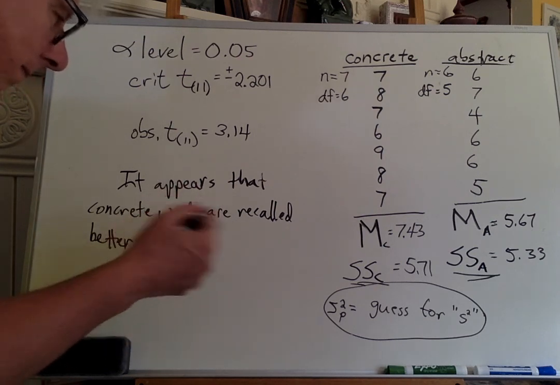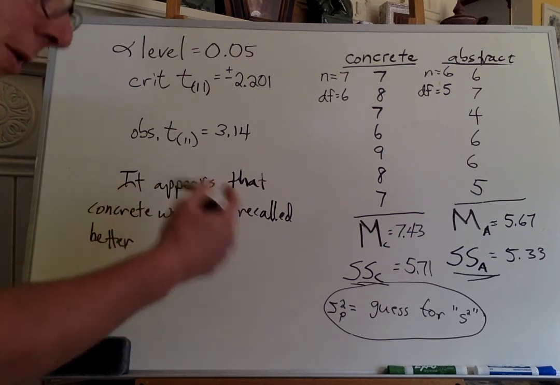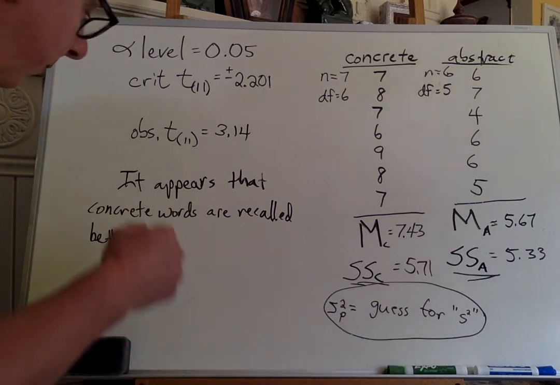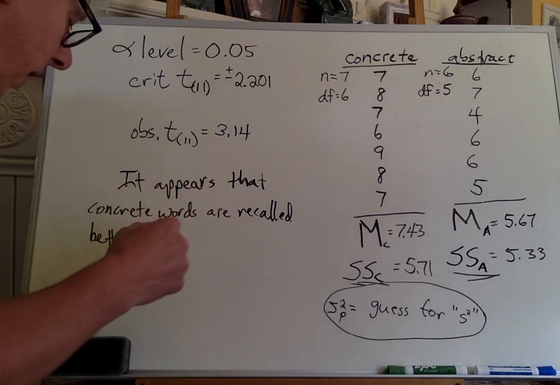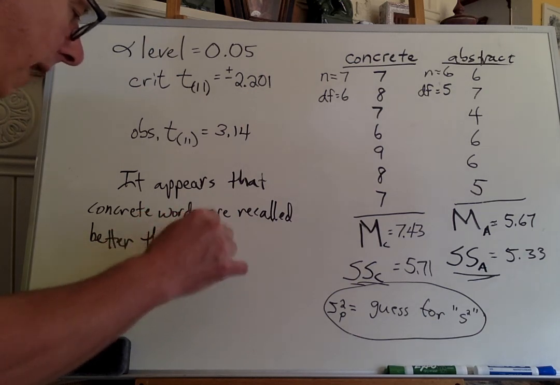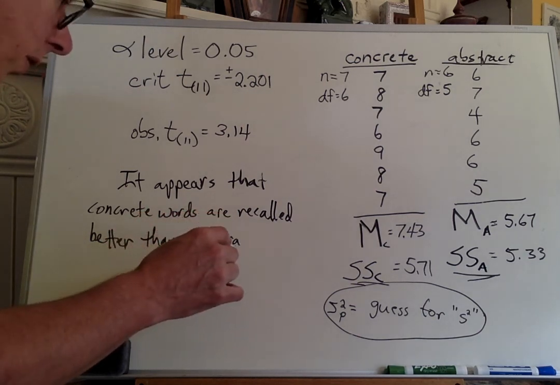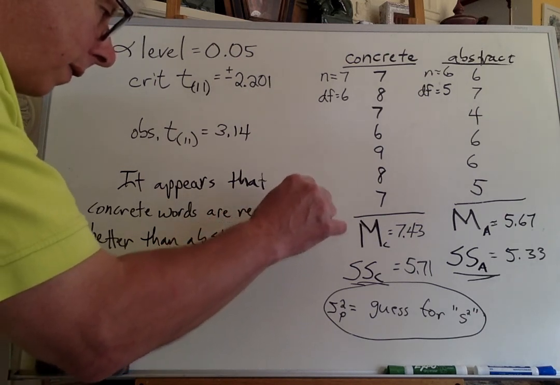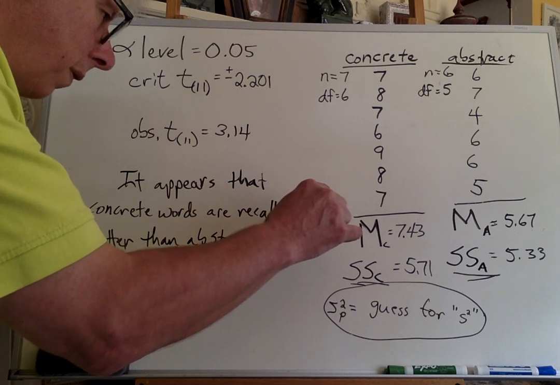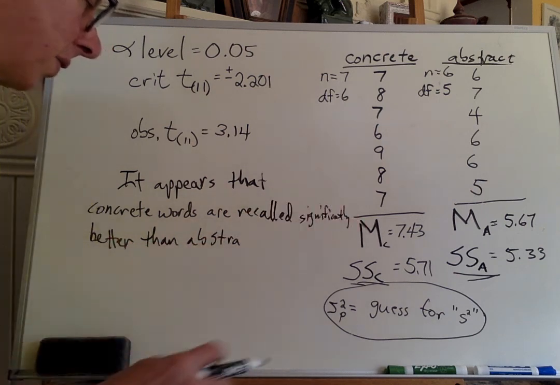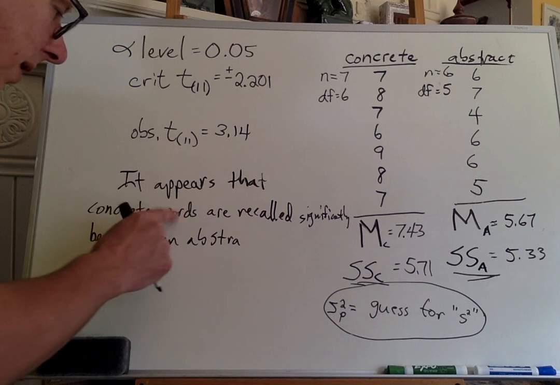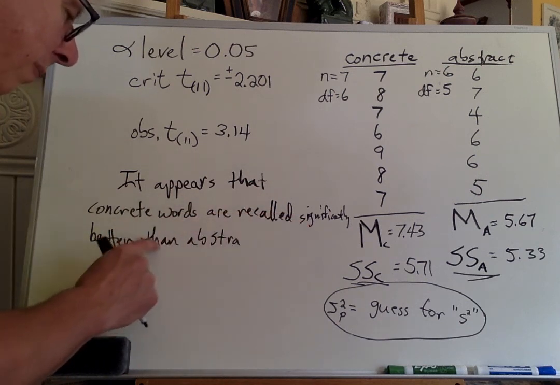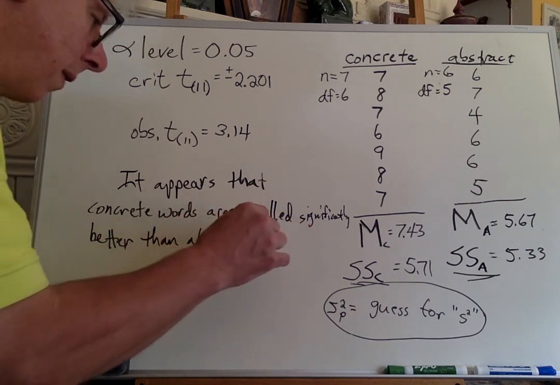I think this works. And I'm always willing to revise, too. It appears that concrete words are recalled better than abstract words are recalled, let's say, significantly better. That's kind of a statistical word, right? It appears that concrete words are recalled significantly better than abstract words.